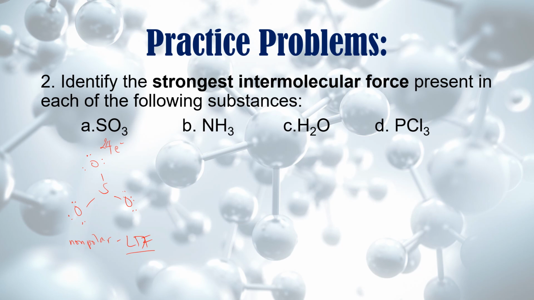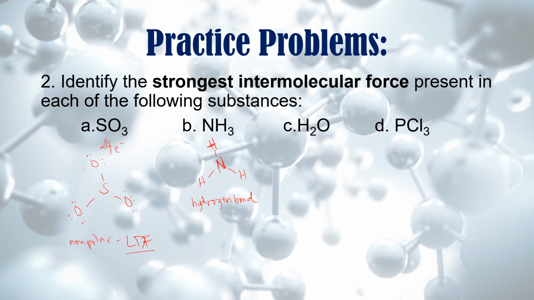For letter B, NH3, we have N, H, and then H. As you can see, hydrogen here is bonded to nitrogen. For hydrogen bonds to occur, hydrogen should be attracted to N, O, or F. So this one is a hydrogen bond.